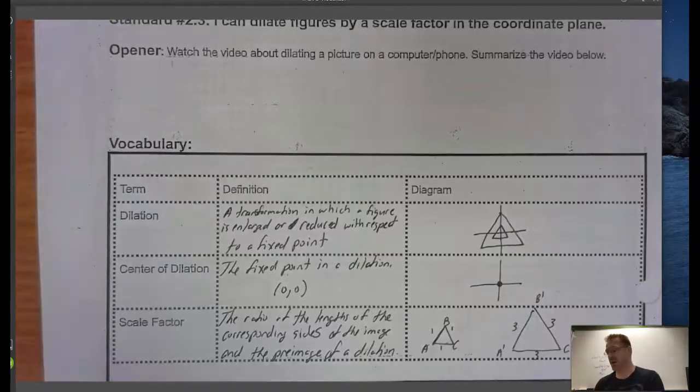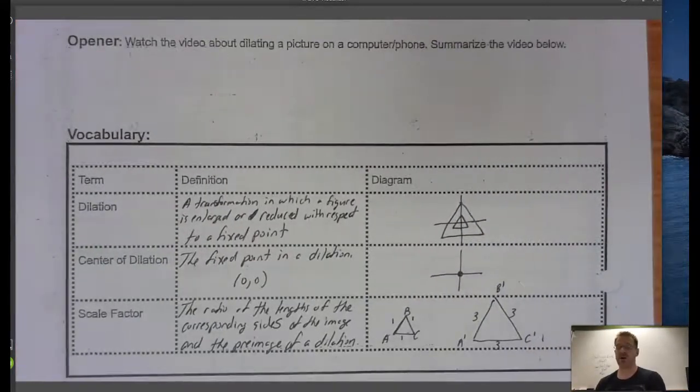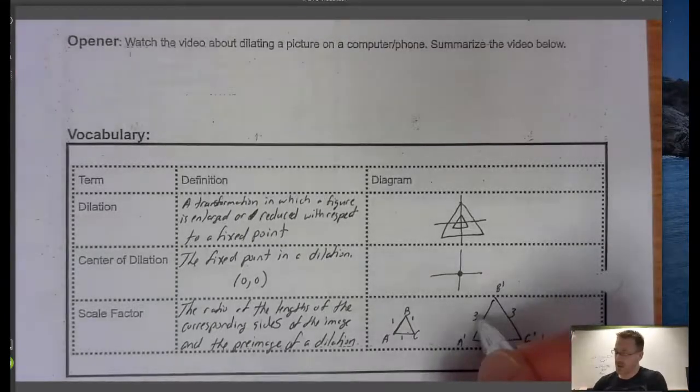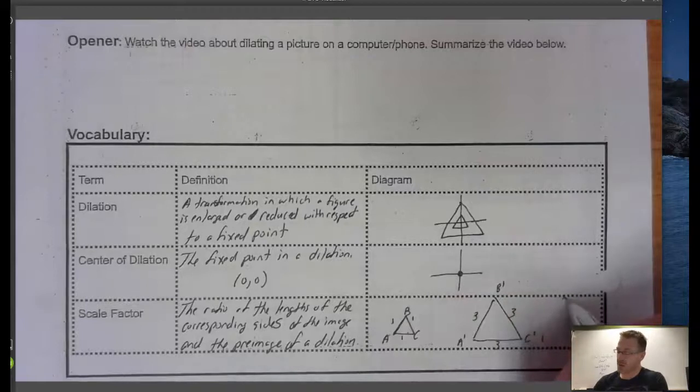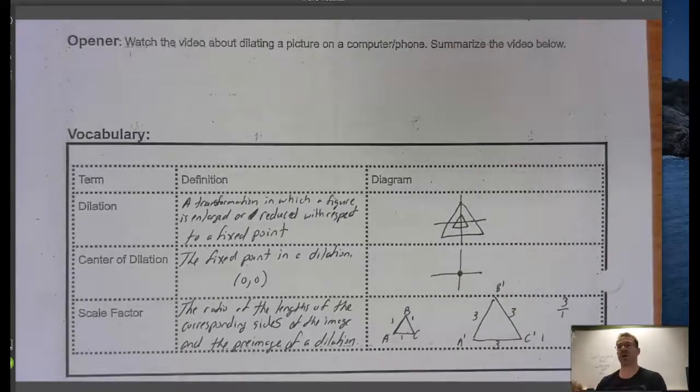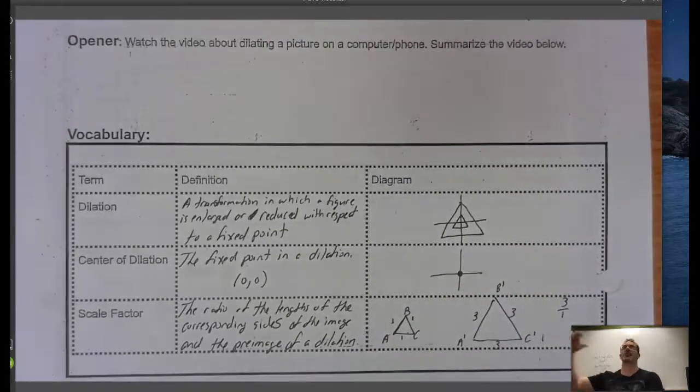So my scale factor, depending on which way we go, there's actually two ways you could look at it. If we go from the pre-image to the image, that would be 3 to 1, so my scale factor is 3. It's 3 times as big as it was before. Once again, if I'm moving too fast, and you need more time to write or copy things down, pause the video and take your time with that.